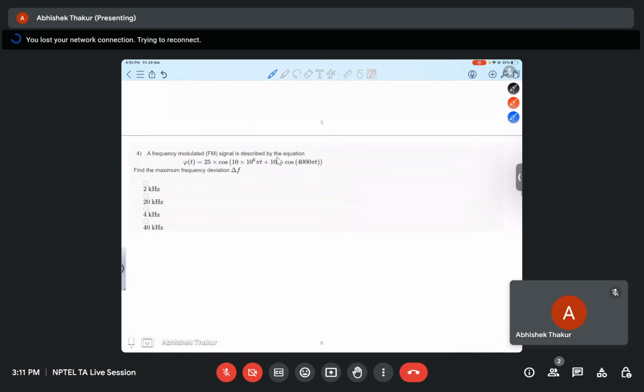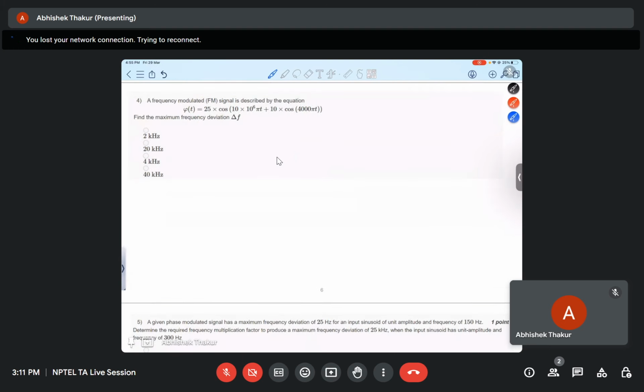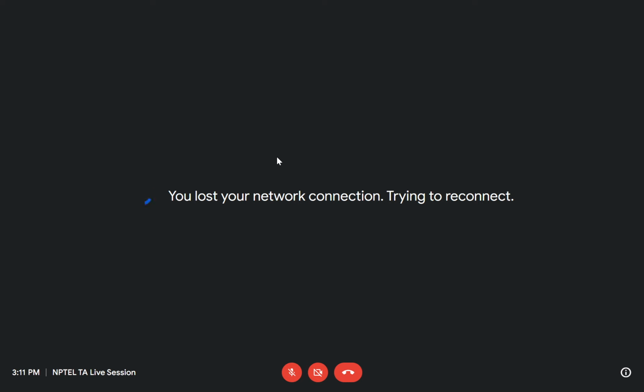Now we'll move on to question number 4. This is a frequency modulated FM signal. I think there is a network issue, so I will just turn this off.